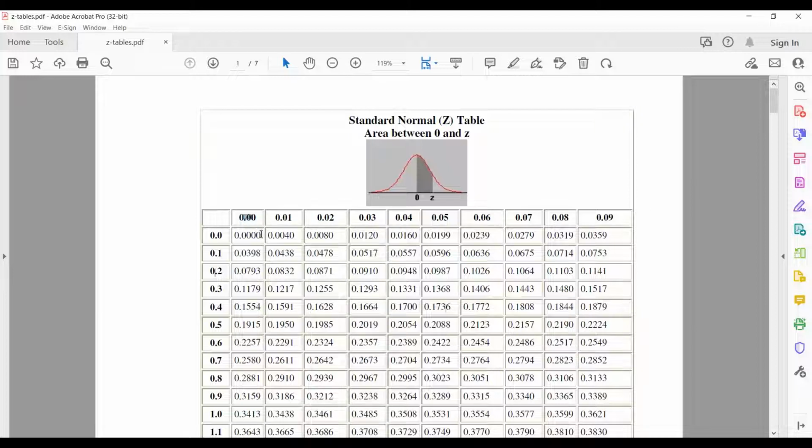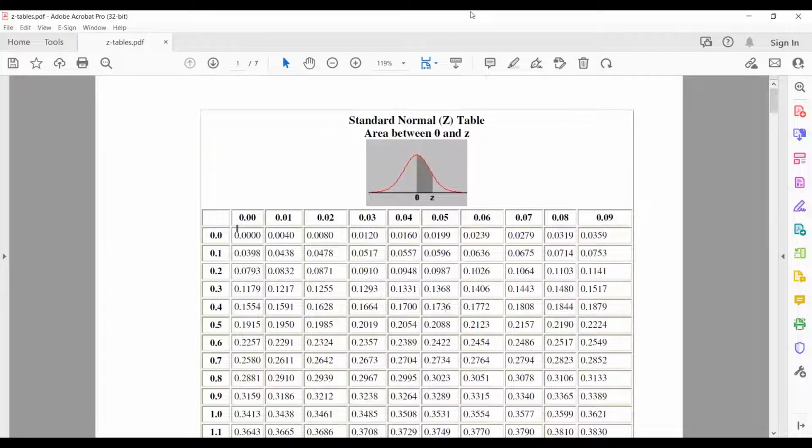So that is the small z. For this case, it's 0. And the corresponding value is 0.0000, which is basically just 0. So the area under this curve between small z and positive infinity is equal to 0.5 minus 0.